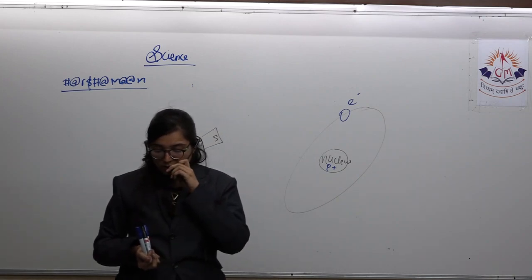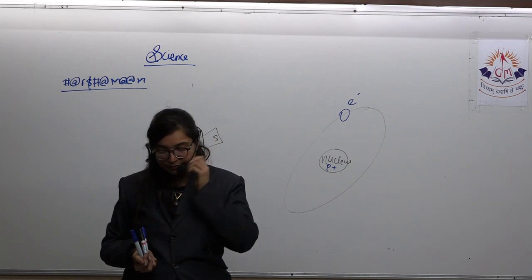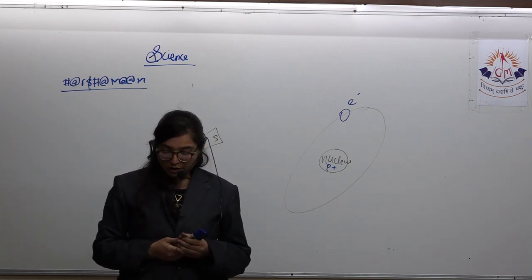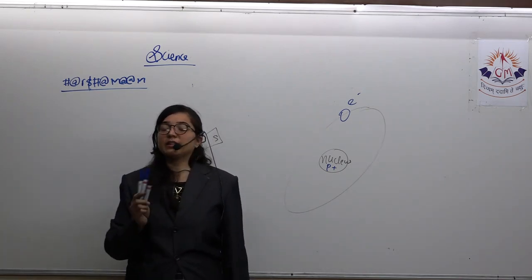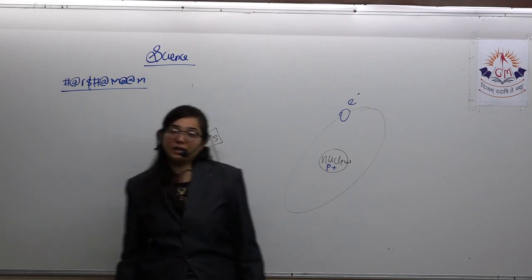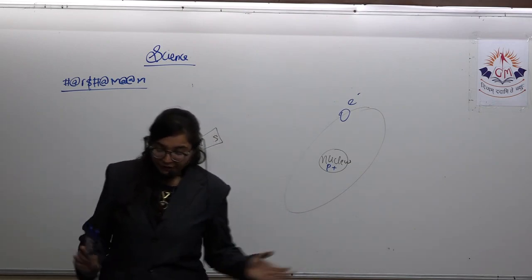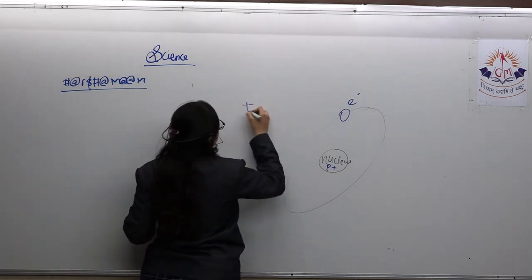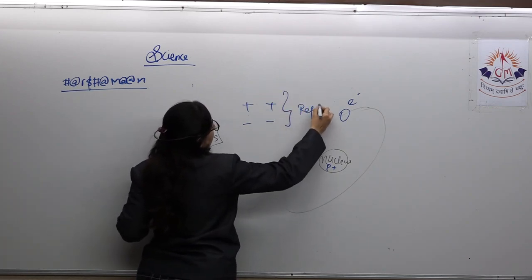Electrostatic force between any two charges can be attractive or repulsive. The force that is exerted by one charged body on another body, which may be charged or uncharged, is called the electrostatic force. If the objects have the same type of charge, that means positive-positive or negative-negative, there will be repulsion.